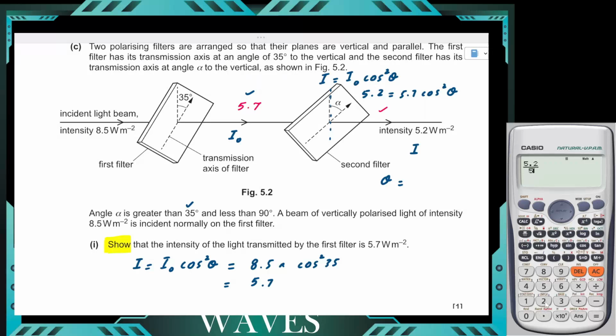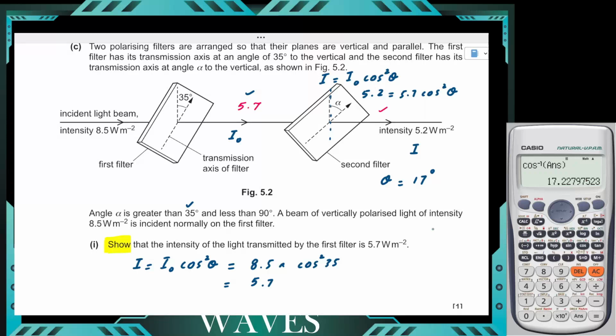Then I'll have to take the square root of the answer, and then in order to find the angle theta, I'll have to take cos inverse of the new answer. So I get 17.227975, something like that. So I'll be writing 17 degrees, not Celsius, 17 degrees.